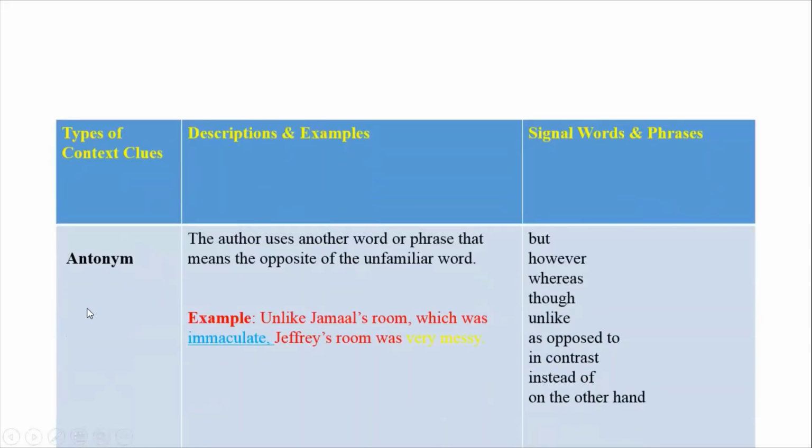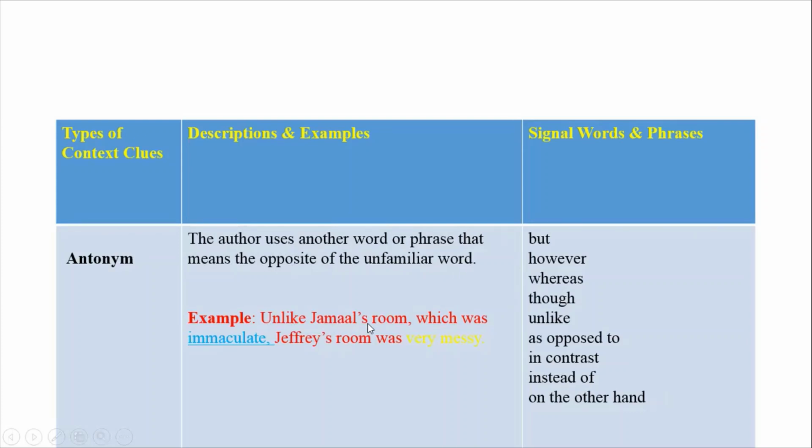And its opposite is antonym. Sometimes if the writer uses such signal words or phrases, we can understand that the writer is going to use an antonym, like but, however, whereas, though, unlike, as opposed to, in contrast, instead of, on the other hand. The author uses another word or phrase that means the opposite of the unfamiliar word.